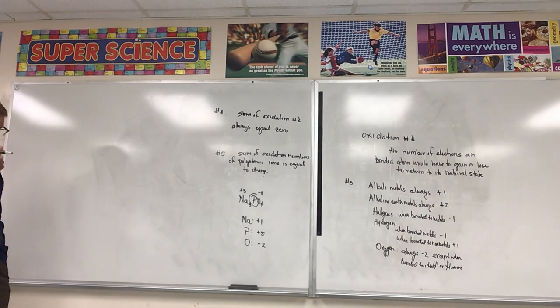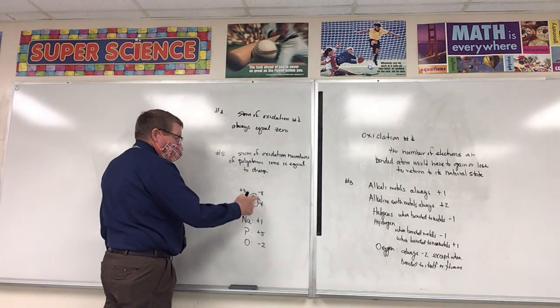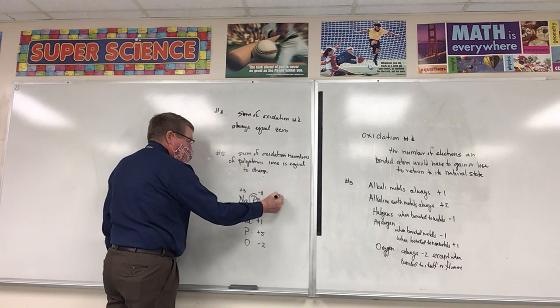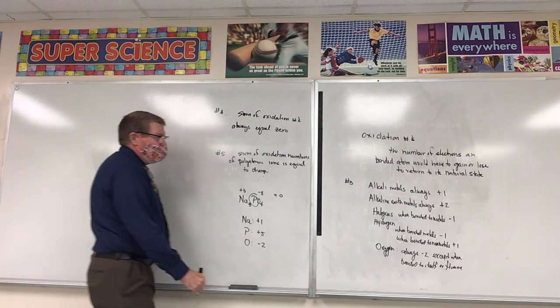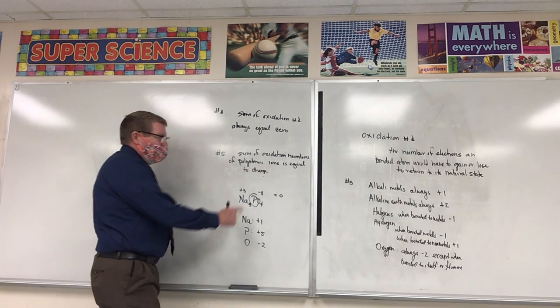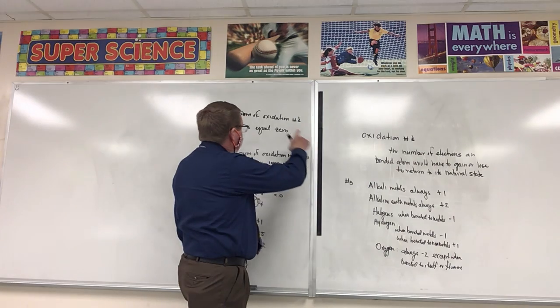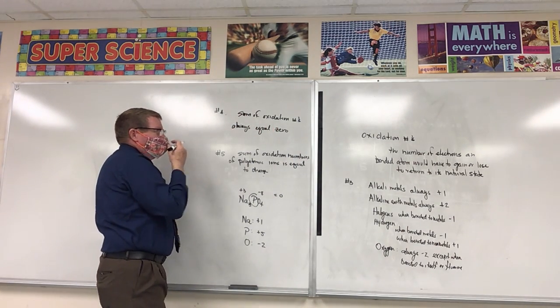Now I'm confused on that one. How did you figure out +5? Alright, hold up. Rule 4: the sum of oxidation numbers always equals 0.